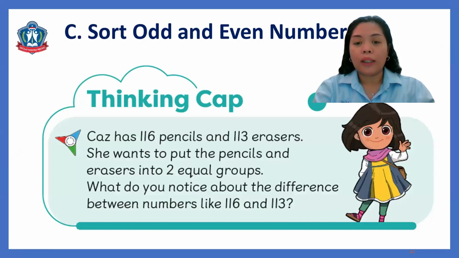So, what do you think, children? If we are going to group 116, is there any leftover, or can we group them accordingly? How about 113? So, you can share your answers to me during our math class.